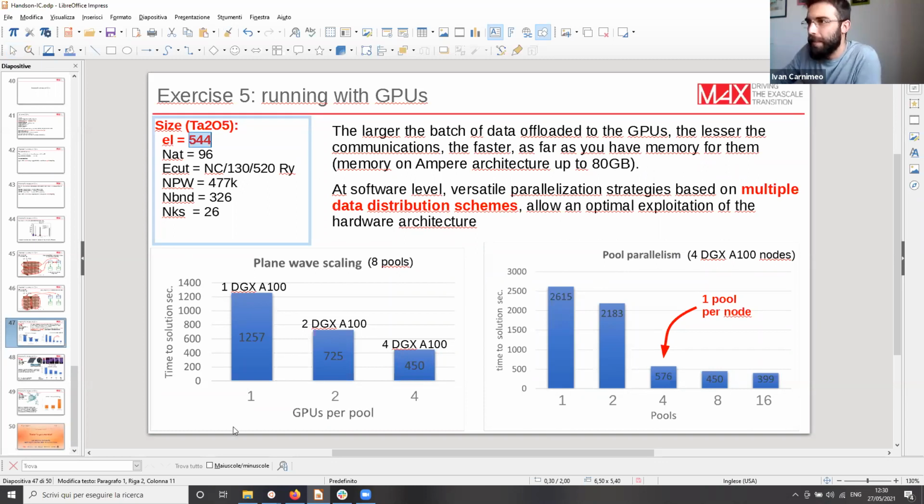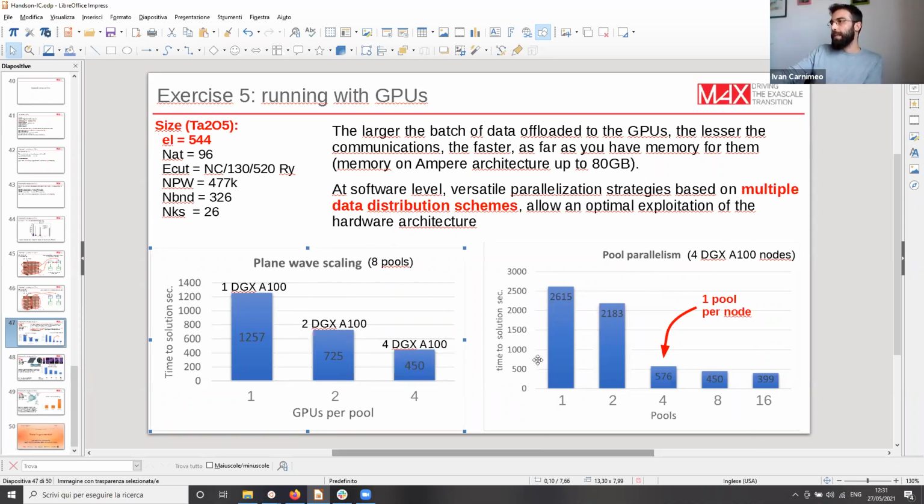And here we see the scaling with the number of nodes using more GPUs. Here we used 1, 2, and 4 nodes, and each node is provided with 4 GPUs. And we see that the time to solution is drastically reduced, increasing the number of nodes. And here the same with pools.